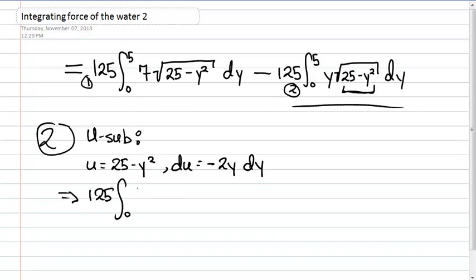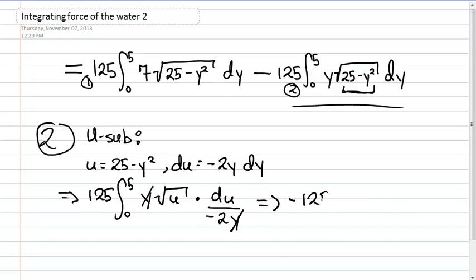You're going to have 125 integral from 0 to 5 of y times the square root of u times du over negative 2y. As you can see, the y's will cancel. And when you clean it up, it'll look like this. Negative 125 over 2, the integral from 0 to 5 of the square root of u du.